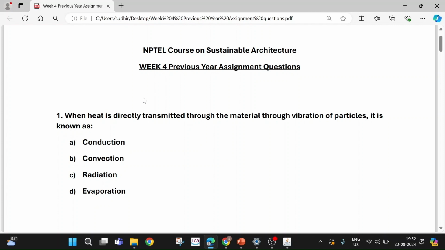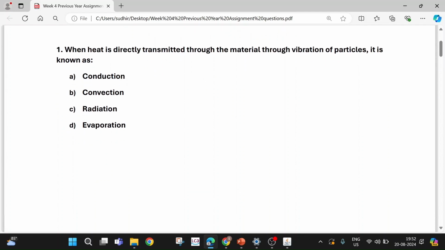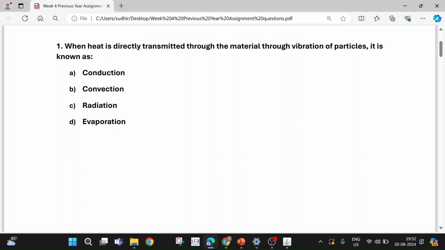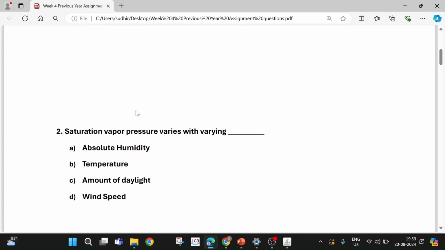Conduction. These questions were asked in the previous year. Conduction is the right answer for this one. Everybody is fine? Then we can move to the next question. Let's try to give the answer to the second question.